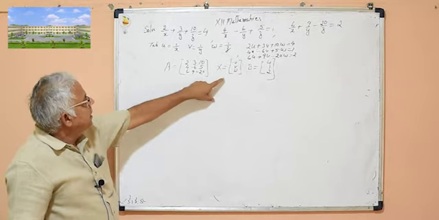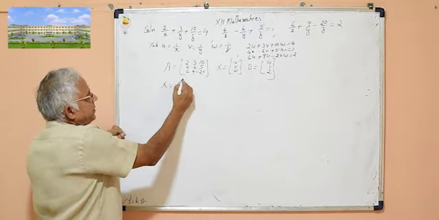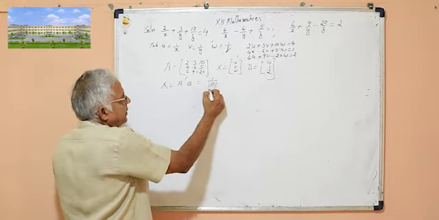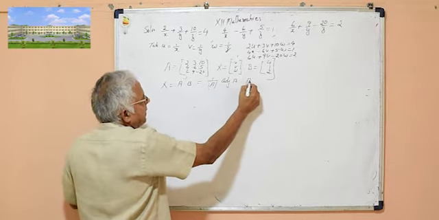Similarly, X = A inverse into B, which is equal to 1 by determinant of A into adj A into B.